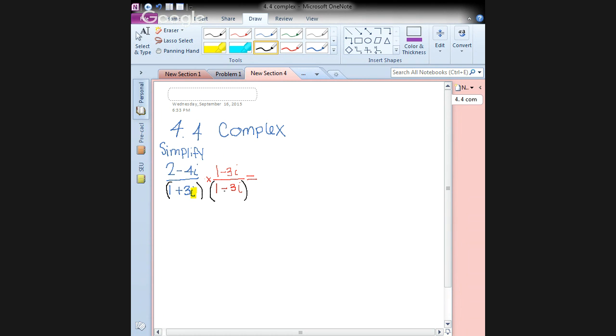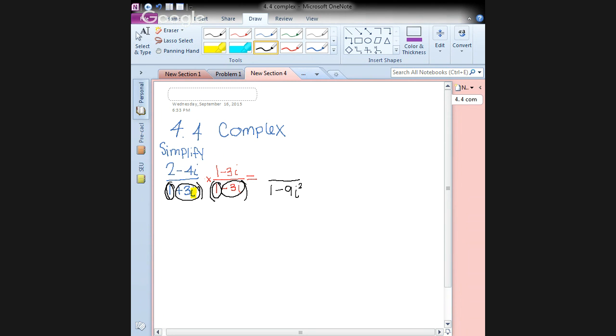So all I have to do is multiply 1 times 1, which is 1. And then 3i times negative 3i. Now I can only do that because they're exactly the same, but opposite signs. We won't be able to do that with the top. But the bottom I can say 1 times 1, and then our back guys multiplied by each other. That gives us negative 9i squared.